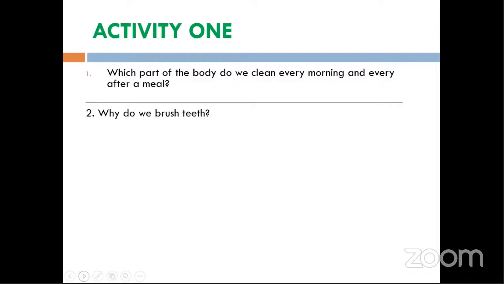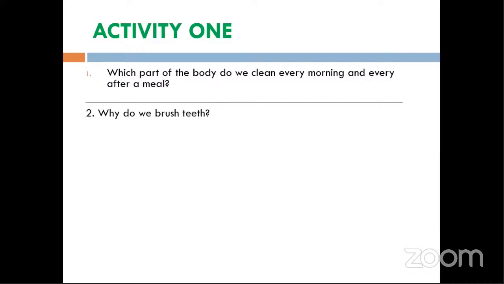Why do we brush teeth? By show of hands, you have to raise up your hand. Yes, Nathan? Why do we brush teeth? Okay, let me give someone. To avoid bad smell.